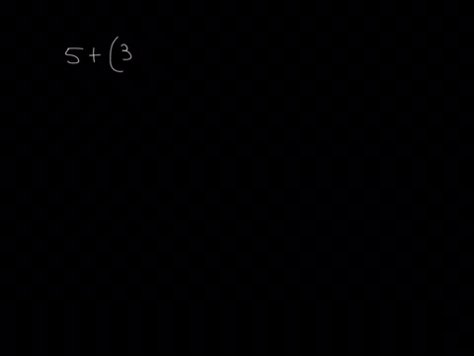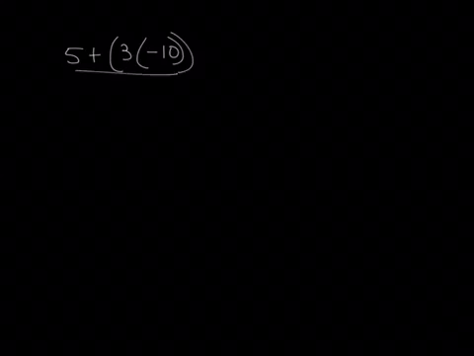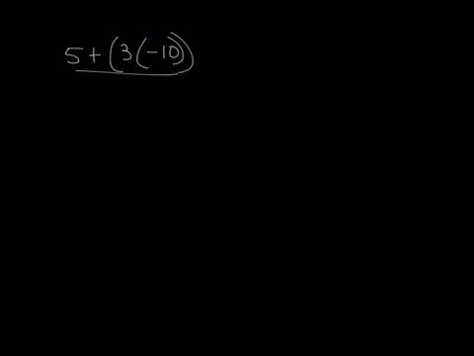So 3 times -10. Okay? So it's pretty much just following what it says. 5 is added to the product of 3 and -10. Or you could have written it as 3 times -10, and it says 5 is added to that. Either way is fine.